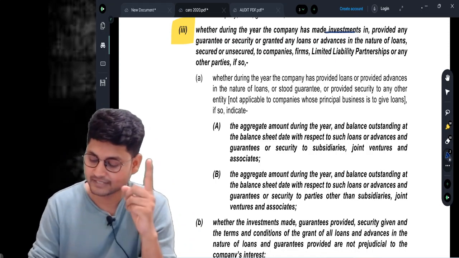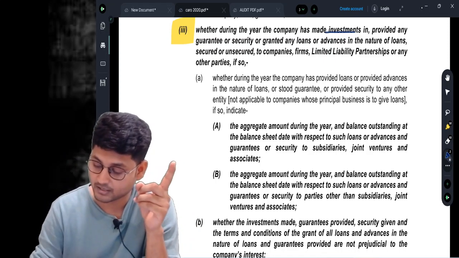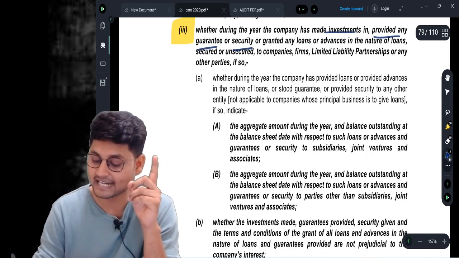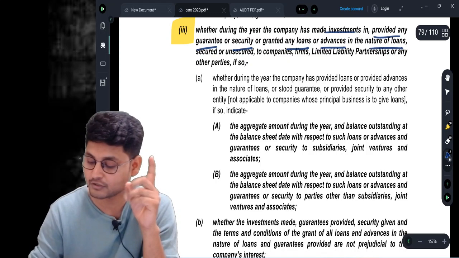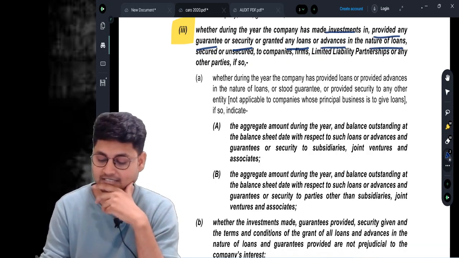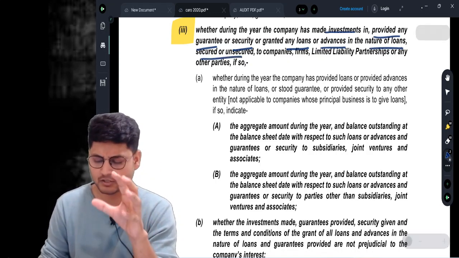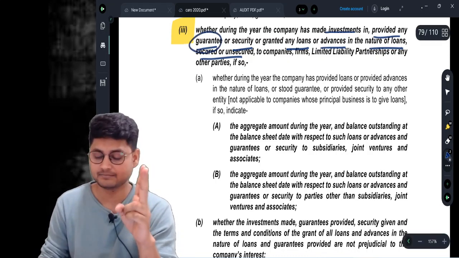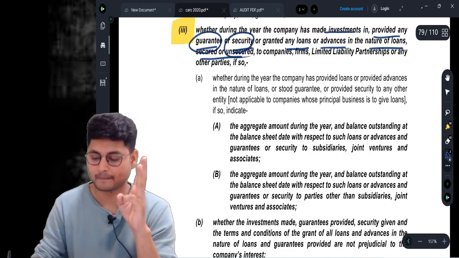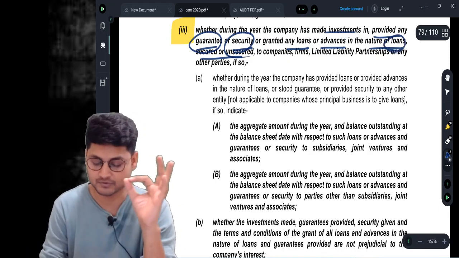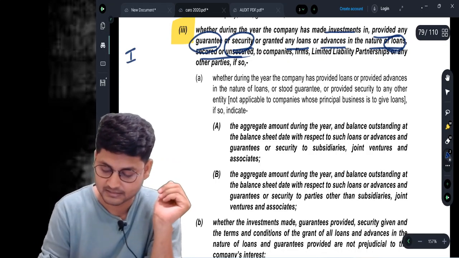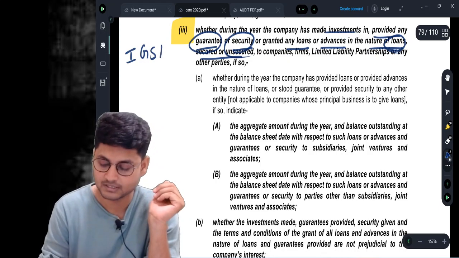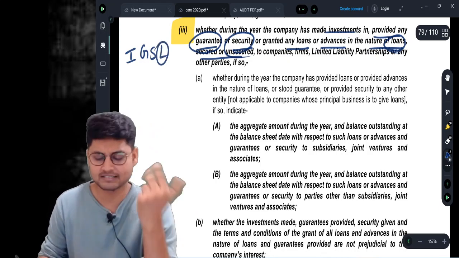So investments which are made by the company, provided any guarantee or security or granted any loans or advances in the nature of loans, secured or unsecured. So they are talking about what? They are talking about investments, guarantee, security, loans, and these loans may be secured or unsecured.